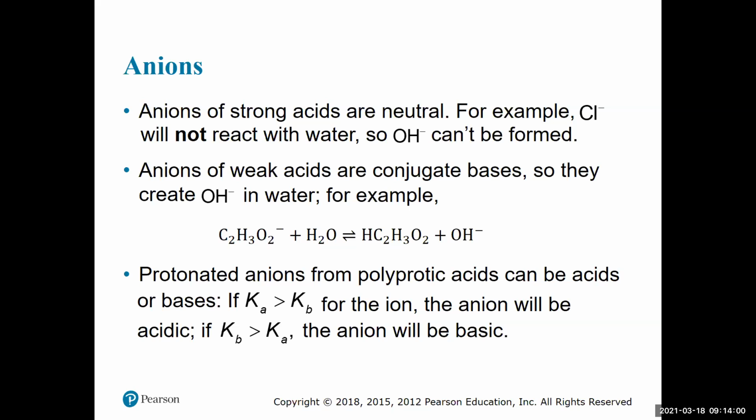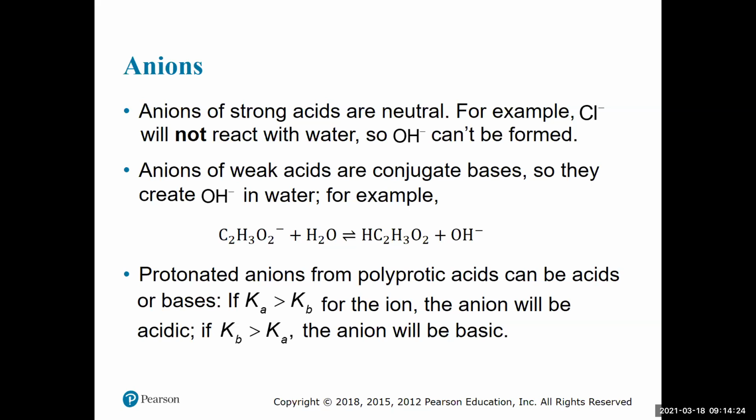Weak acids, okay, so something like acetic acid, for instance, anions of weak acids are conjugate bases, so they actually can create hydroxide in water. And here's an example of that. So here's the acetate ion, C2H3O2 minus, with water.